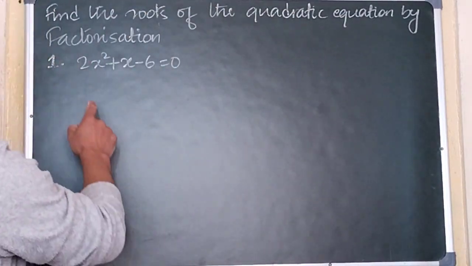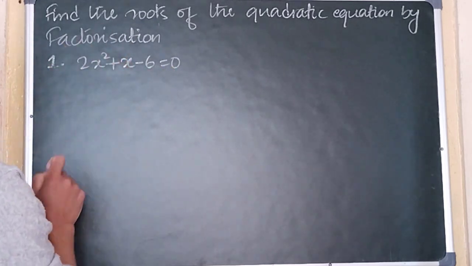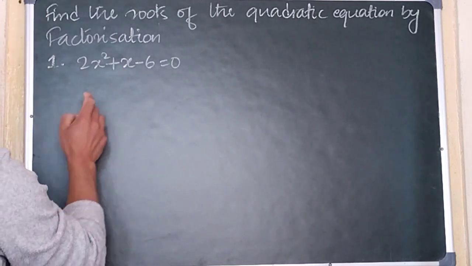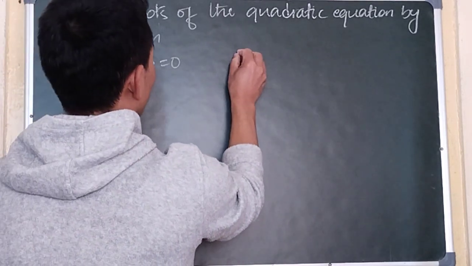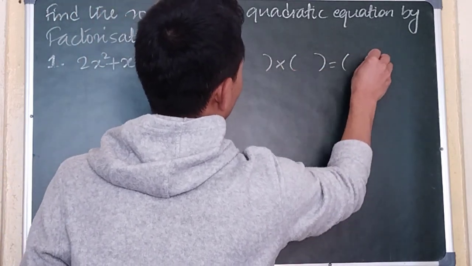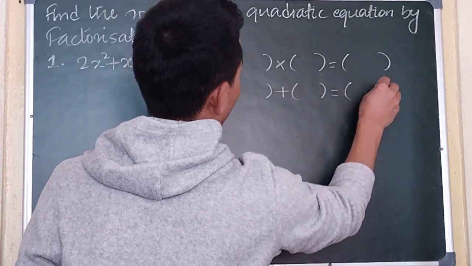Here you can see the question is 2x squared plus x minus 6 equals 0. For this quadratic equation we need to find the roots. So for that we will break the middle term. Now in order to break the middle term, you can follow this process. You can take one product and the other as the sum.